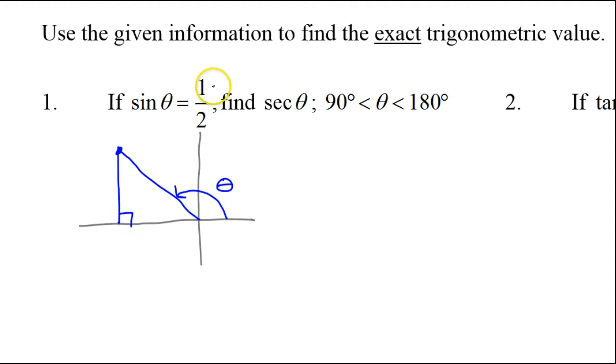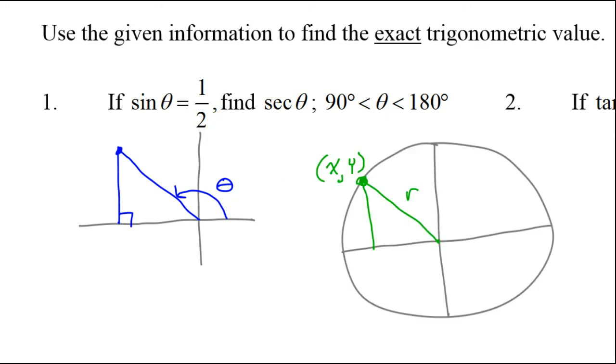So sine, when you first learned about triangles, you thought of it as opposite over hypotenuse. But in terms of the circle, the sine function is going to be the y value divided by the radius of the circle. So you can think of sine as y over r.